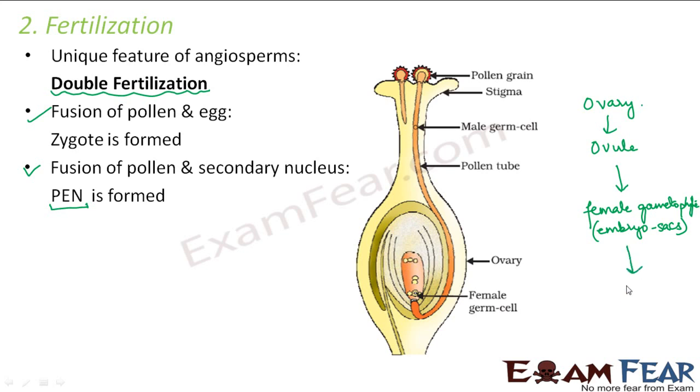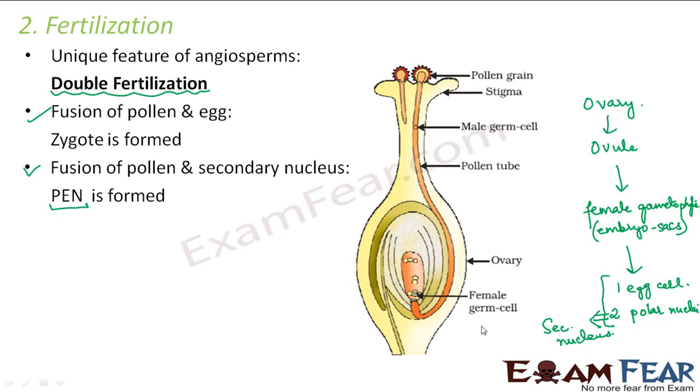This actually produces one egg cell and two polar nuclei. So inside the female gametophyte you have one egg cell and two polar nuclei. Now these two polar nuclei will fuse together to form a secondary nucleus. So basically inside the ovule you have one egg cell and one secondary nucleus.